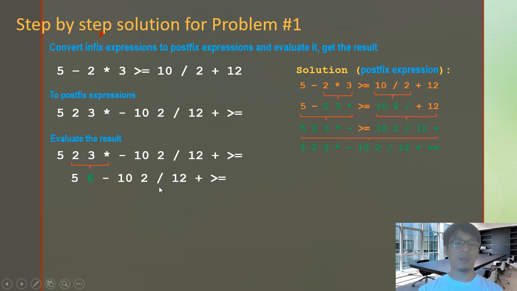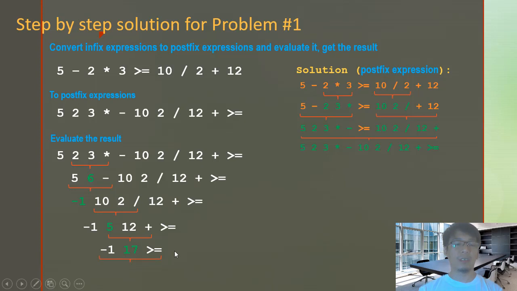The next is the minus, so we get -1. Then the next operator is the division symbol: 10 divided by 2 is 5. Next we have the plus symbol, so you add 5 plus 12. That is 17, right? The next is to check if -1 is greater than or equal to 17.